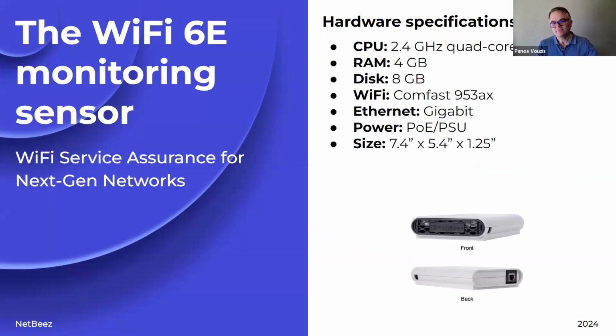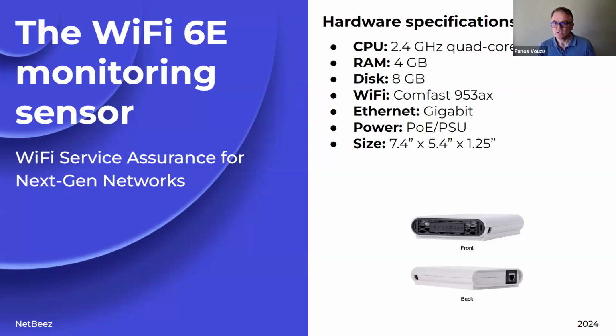It looks very similar to the existing sensor. I have one here. You could tell maybe some small differences in the ports and everything, but it's very similar to the existing sensor, I would say. But of course, the hardware internally is different, supports Wi-Fi 6, and also gives some additional capabilities.